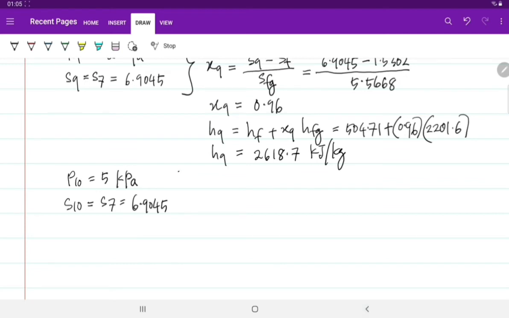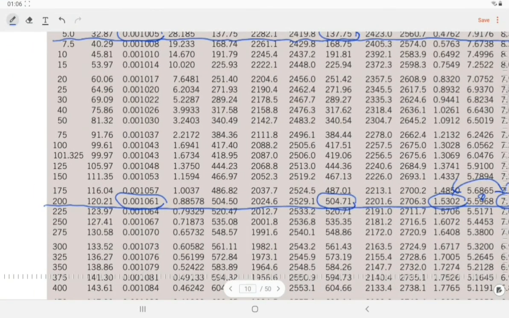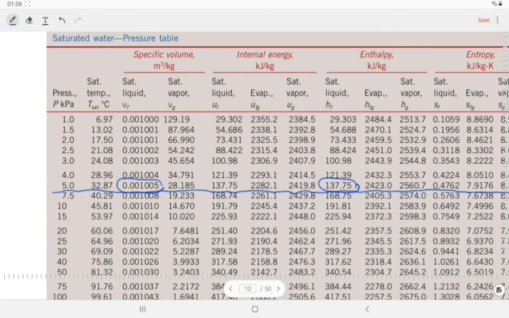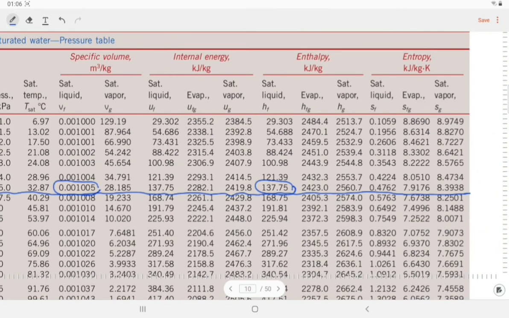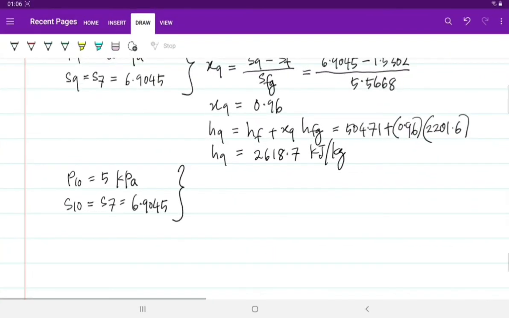So you can check the phase, 5 kilopascal. SG is 8.3, our S is 6.9, so it is in the mixture as well.